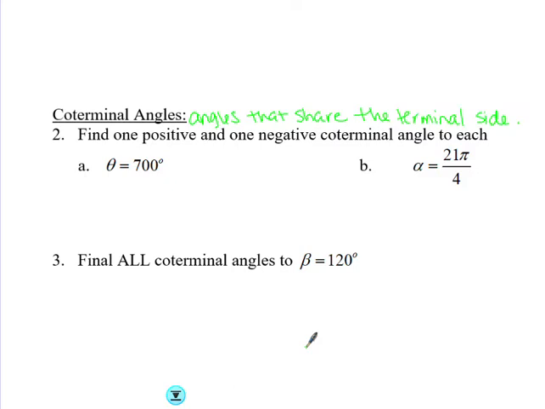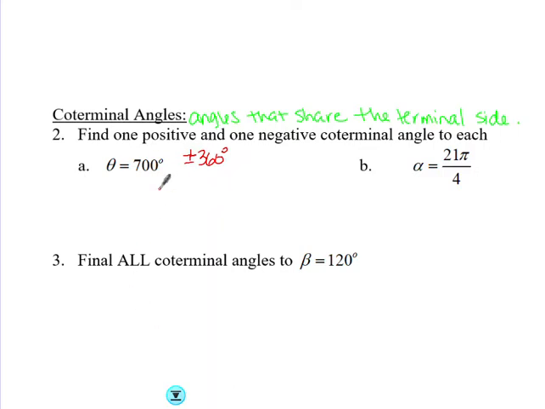So if we want to find one positive and one negative coterminal angle for theta equals 700 degrees, that means that we want to add or subtract 360 degrees, which is a full revolution of the circle.